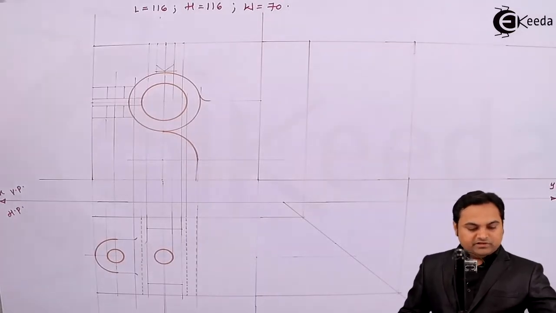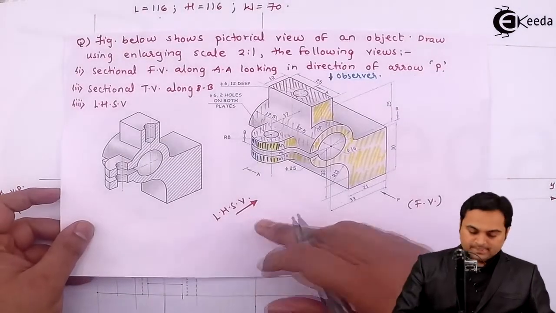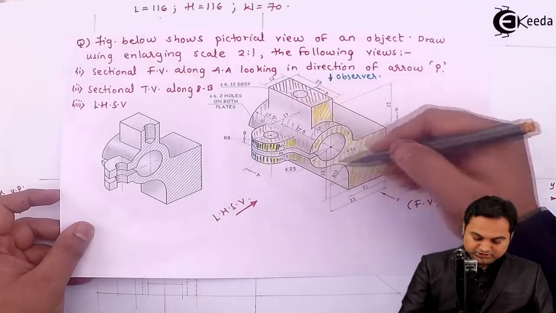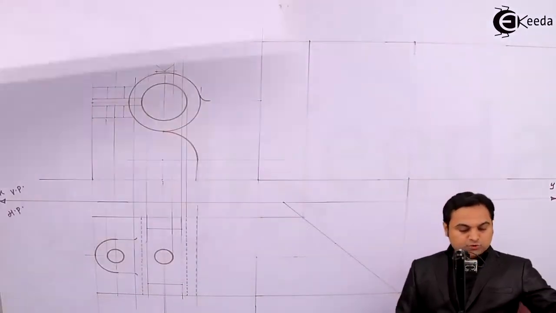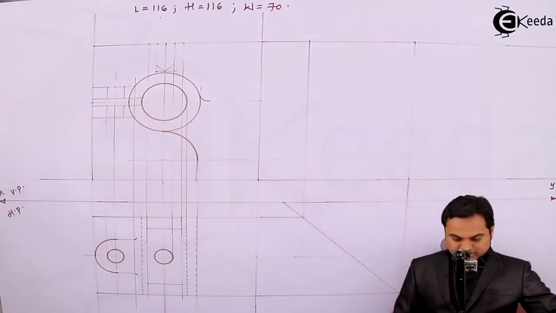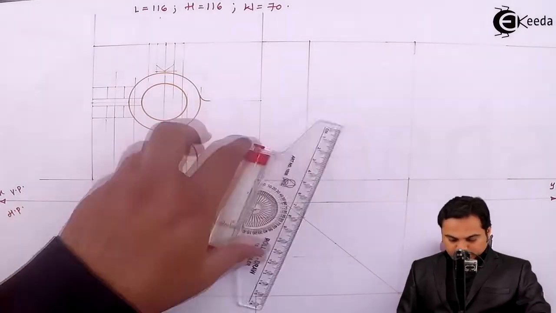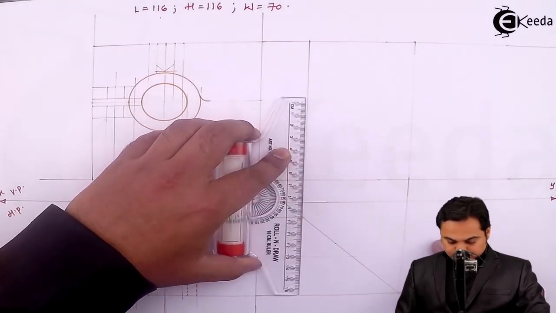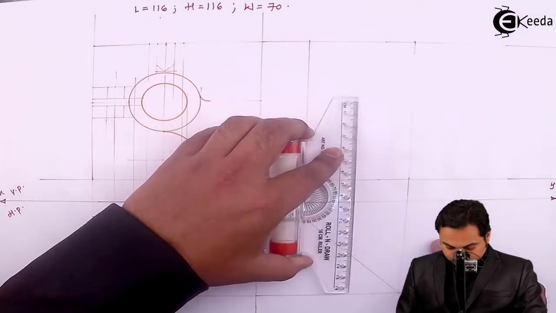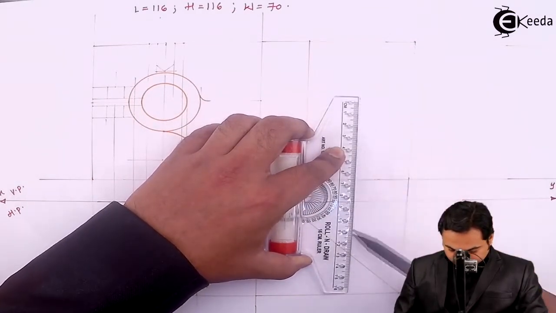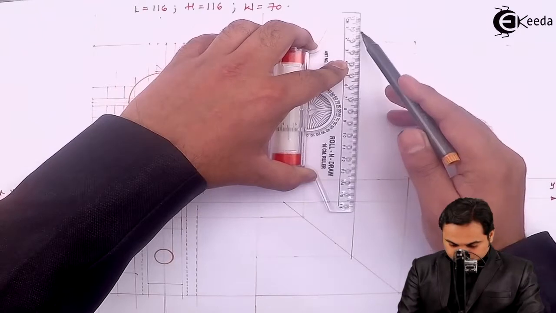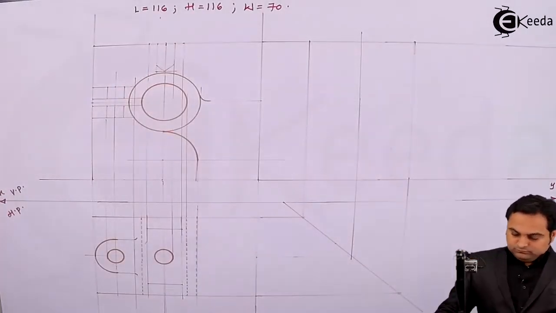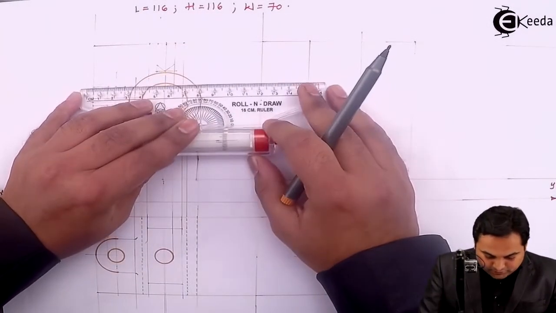And at the same time, when I'm looking at this plate from side, about this center line, the object is completely symmetric. So I'll project the center line from the top view into the side view, getting the heights of the plate.